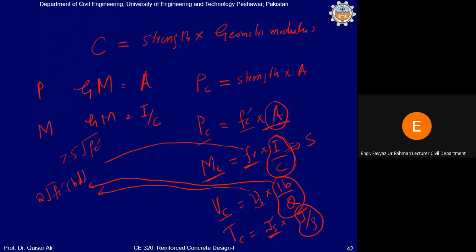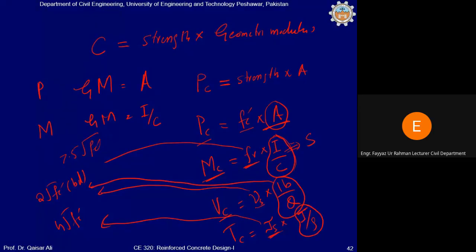Effective depth हम आगे पढ़ेंगे. And torsional strength in case of reinforced concrete member is equal to 4 root FC prime. Clear? So you can calculate the axial capacity, bending moment capacity, shear capacity, and torsion capacity of a structural member.